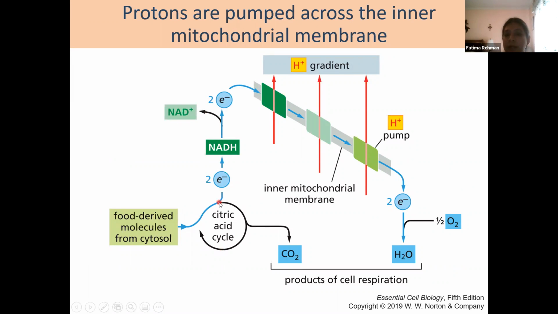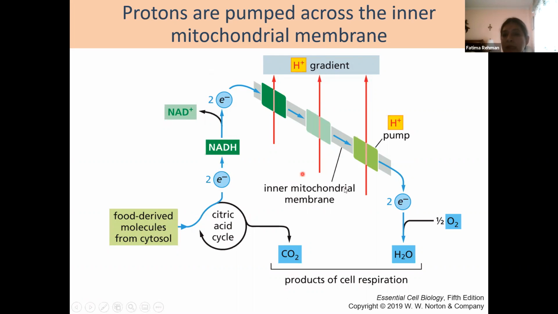So here you can see that a little bit better. You have either the fatty acid chains or the pyruvates coming in from the cytosol. During the citric acid cycle, you're going to produce carbon dioxide, and you are going to release those electrons from NADH into the electron transport chain, and the protons will be pumped out into the inner mitochondrial membrane space.